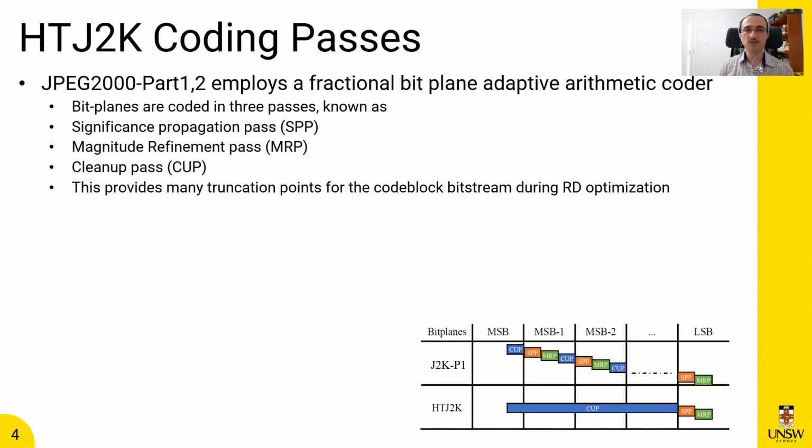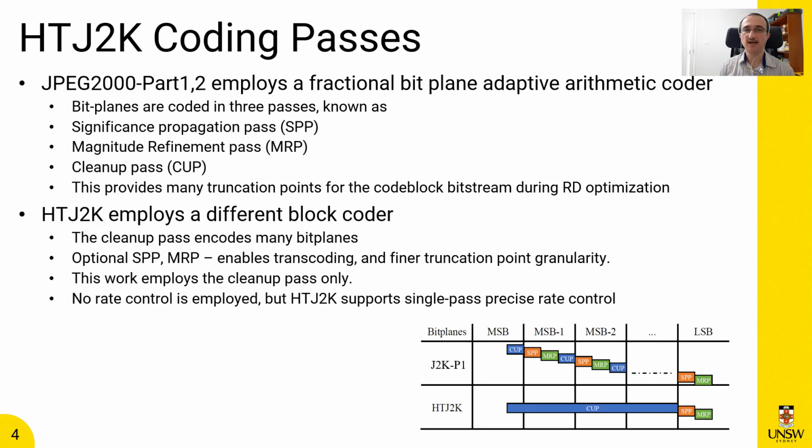JPEG 2000 parts 1 and 2 employ a fractional bitplane entropy coder. Each bitplane is coded in 3 coding passes known as significance propagation pass, magnitude refinement pass, and cleanup pass. For example, 3 bitplanes have 7 coding passes. This is because the first bitplane can only have the cleanup pass.